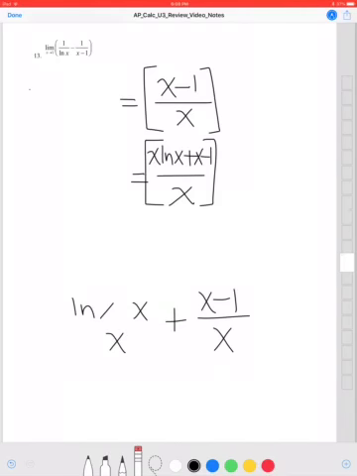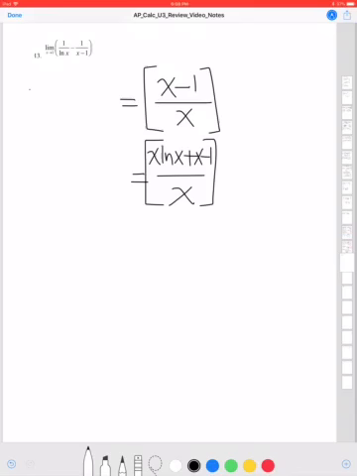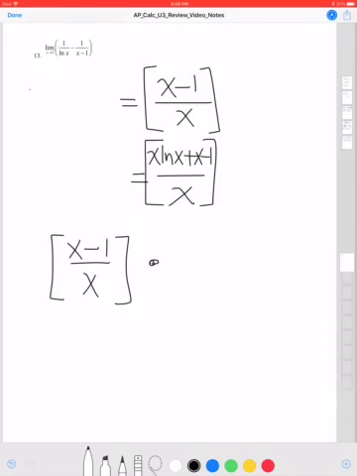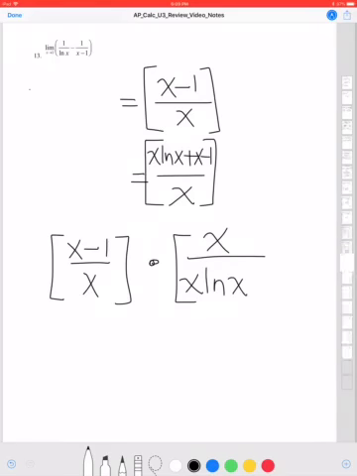That's my denominator. And since we're dividing, we're going to do keep, change, flip. So let me keep the top the same, change to multiplication, and flip the bottom.